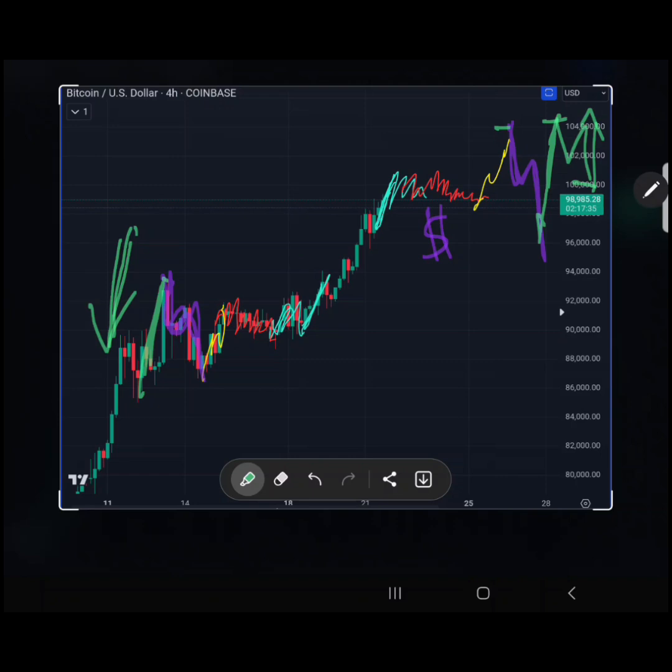But yeah, that's how I would say that I'm incorrect in that, is if we get some kind of rejection down and it immediately reverses and closes a higher high, then you want to look for the higher low and re-enter.